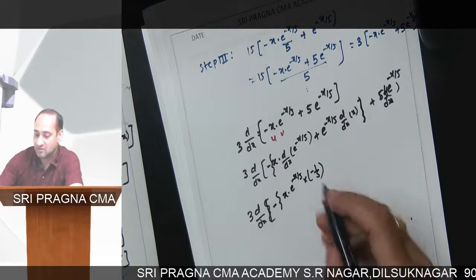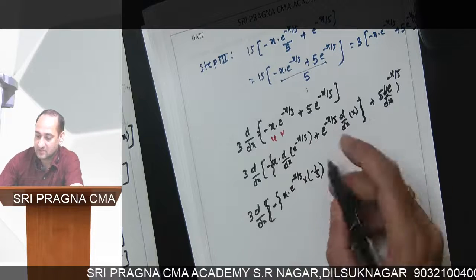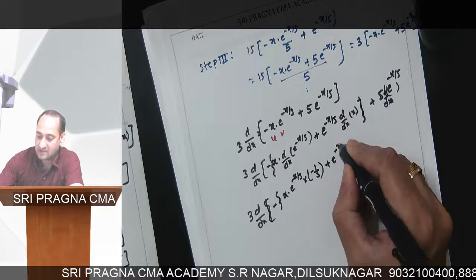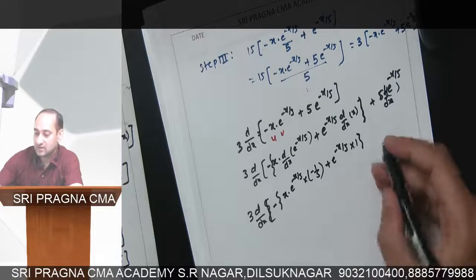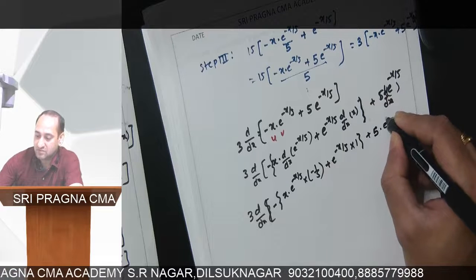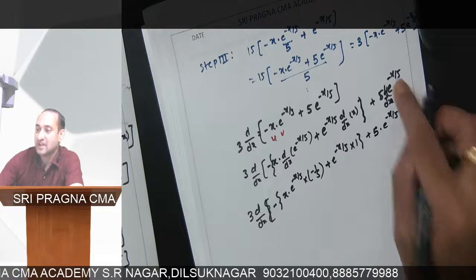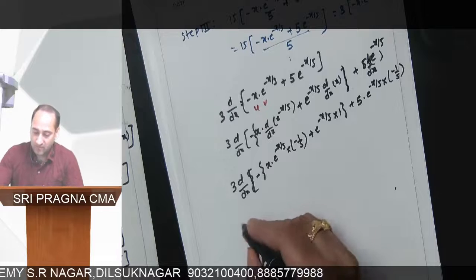Please check whether I am missing some steps. Plus e to the power minus x by 5 into 1. That's all for this step. Plus 5 e to the power minus x by 5, then again into minus 1 by 5. I hope it is clear now.